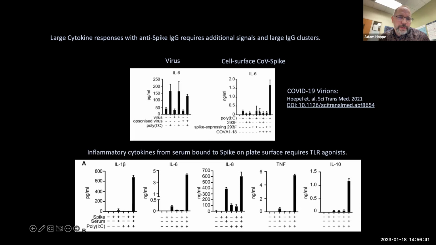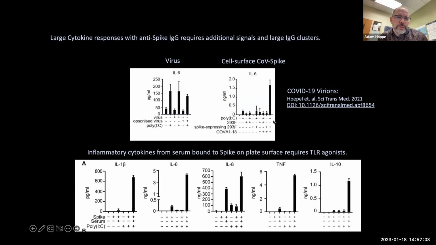However, if the spike protein is presented on the surface of a cell, antibodies against that can give a very small cytokine response. So consistent with everything I was just saying, ligation of a small number of Fc receptors will give a very small downstream signaling response.